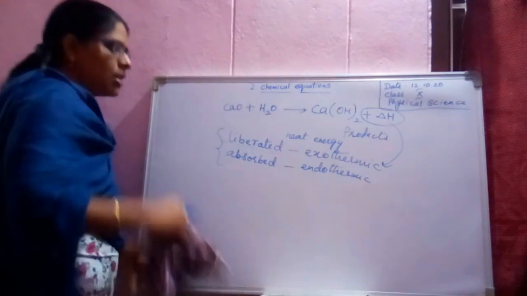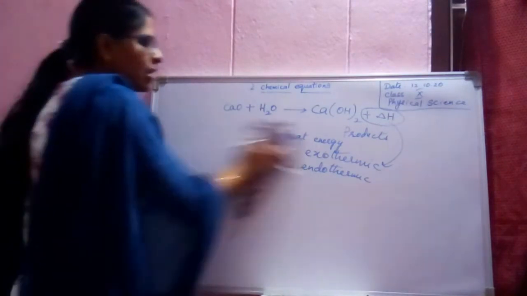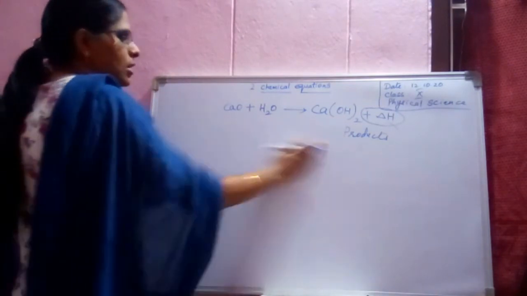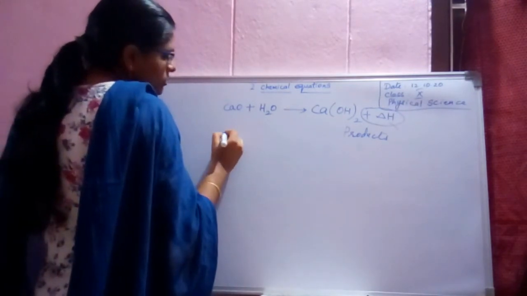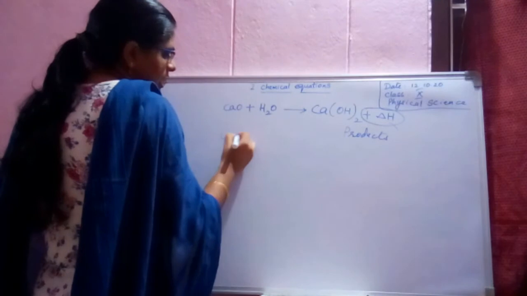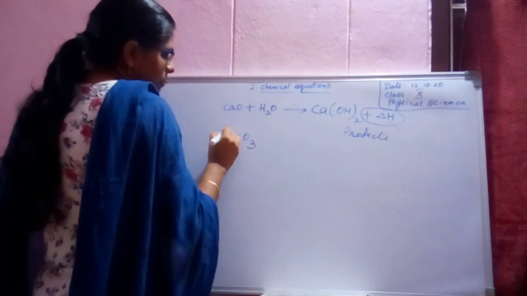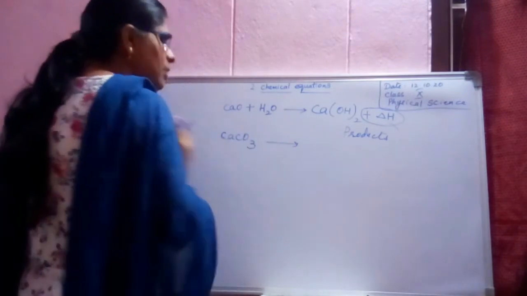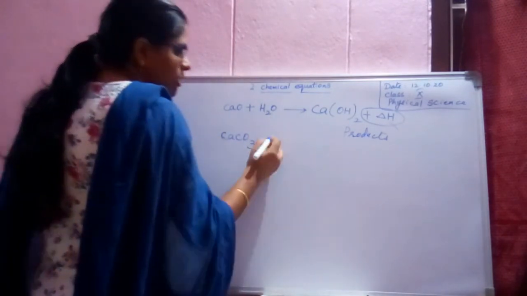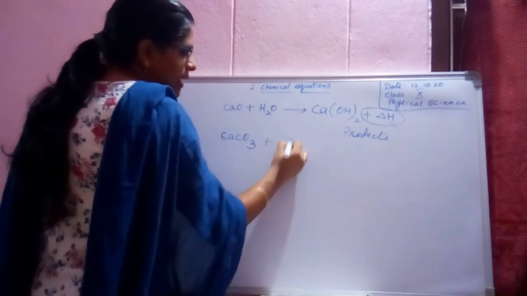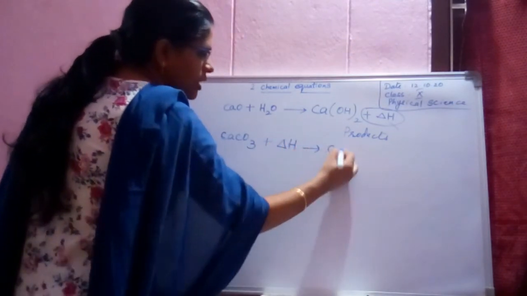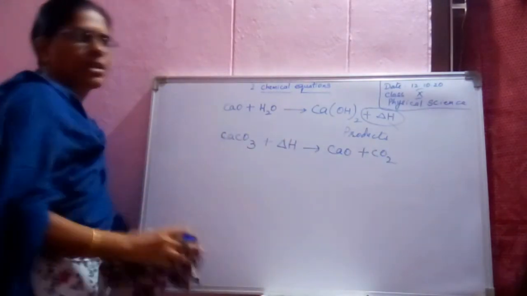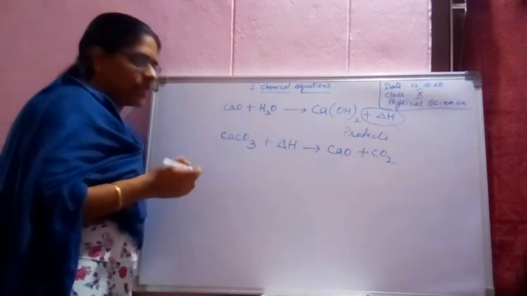Now, how to find an endothermic reaction? Look here: CaCO3 plus delta H gives CaO plus CO2. For your understanding's sake, I have taken one example.